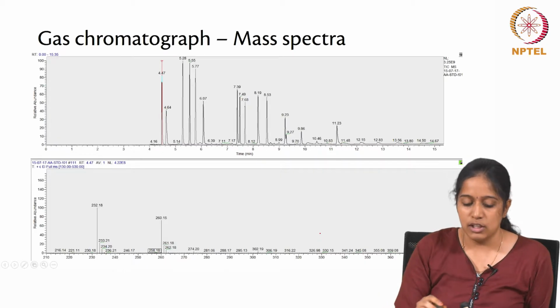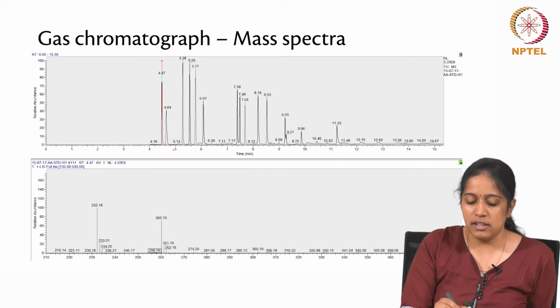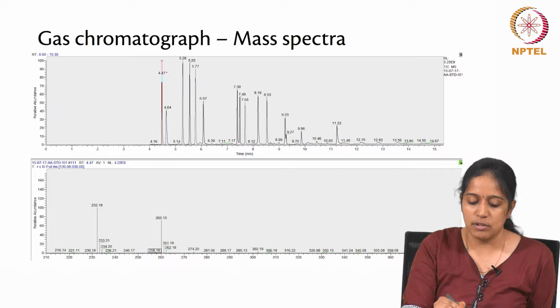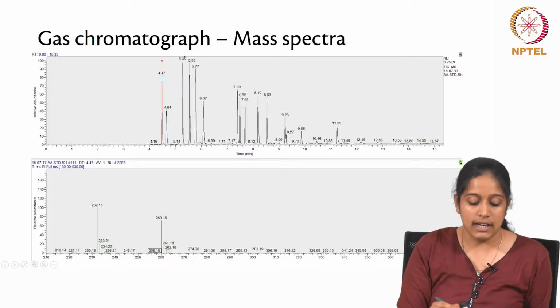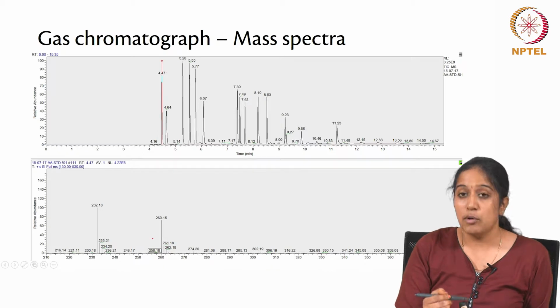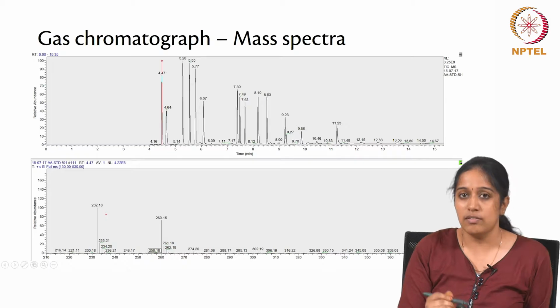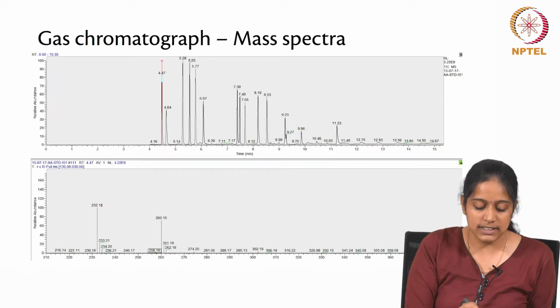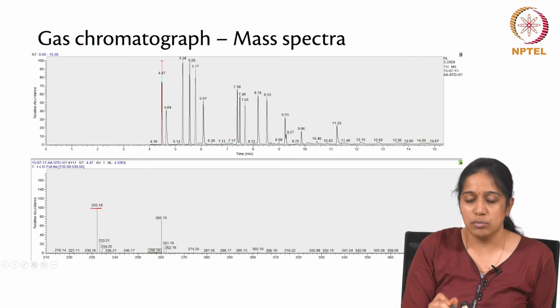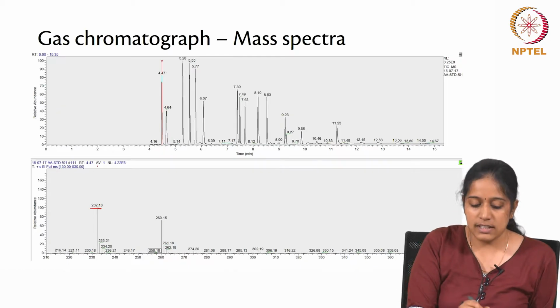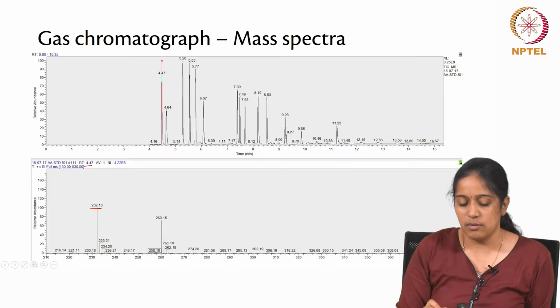If you look at the top panel, you can see different peaks at different retention times, say for example 4.47, 4.64, 5.28 and so on, and in the bottom panel you can find the relative abundances of each mass ion. For example, 232.18 corresponds to a particular mass, and this can be observed at the time 4.47.